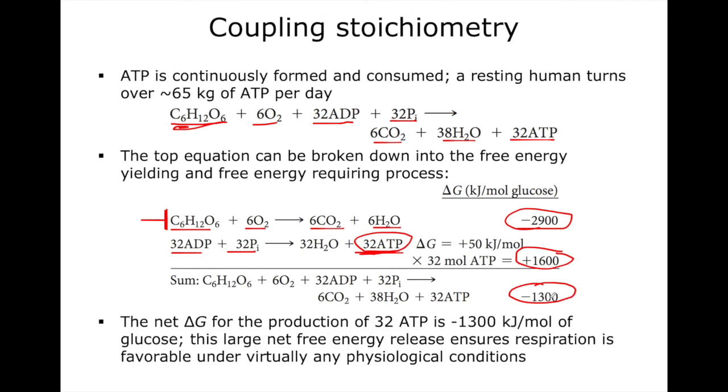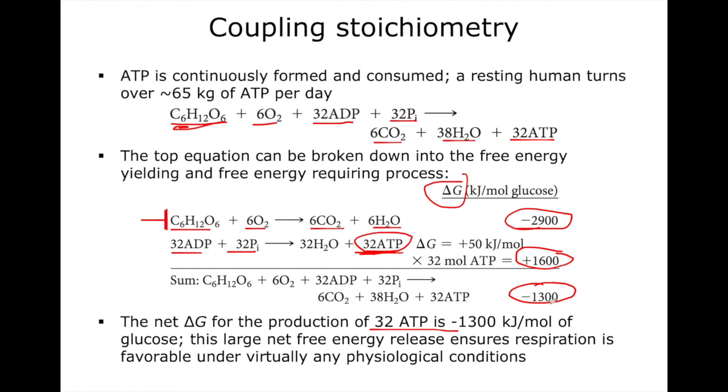And the reason for that is that this large release of free energy allows the ATP production under virtually any physiological conditions. Remember, these delta G values, when they're non-standard, depend on concentrations and other cellular conditions. And so we can produce ATP through glycolysis under most cellular conditions because of how exergonic it is.